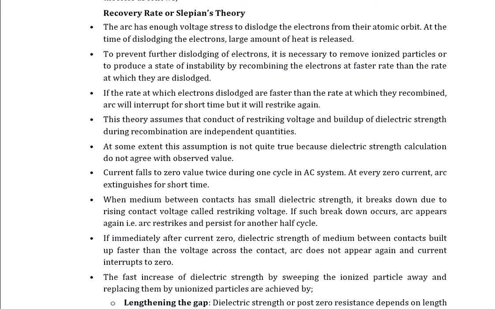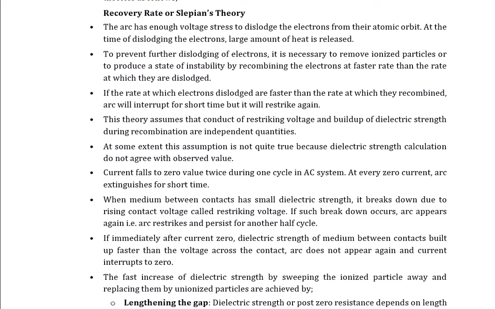If the rate at which electrons are dislodged is faster than the rate at which they recombine, the arc will be interrupted for a short time, but it will strike again. We will be able to quench the arc once, but it will strike again because the dislodging rate is faster.